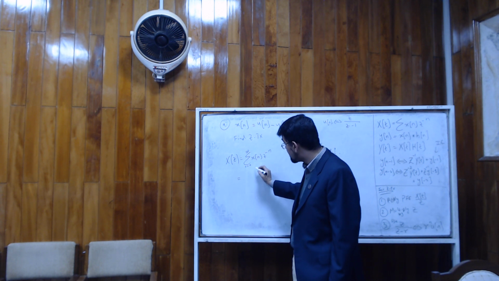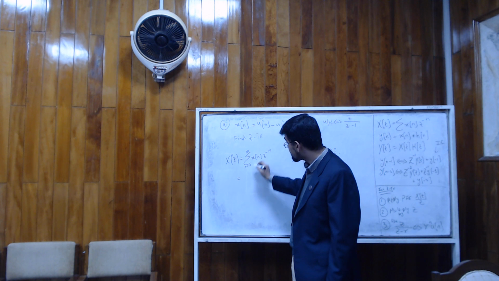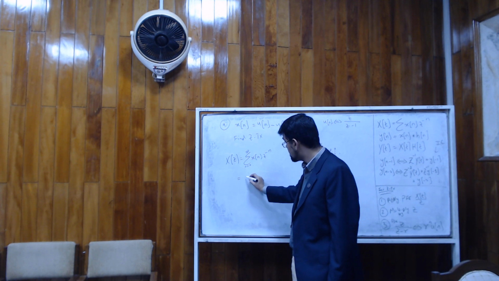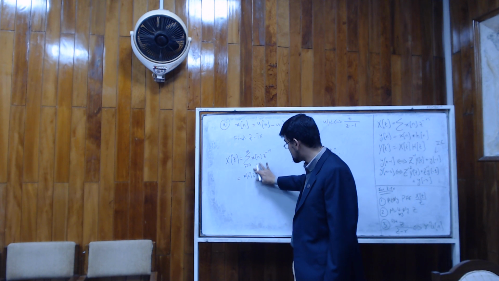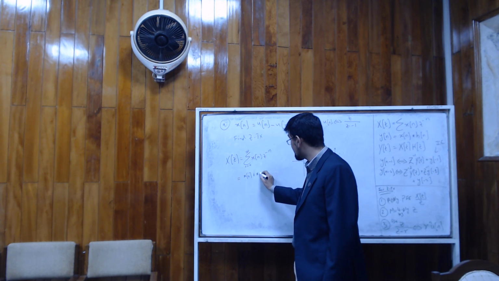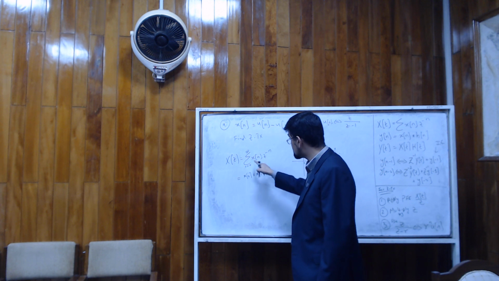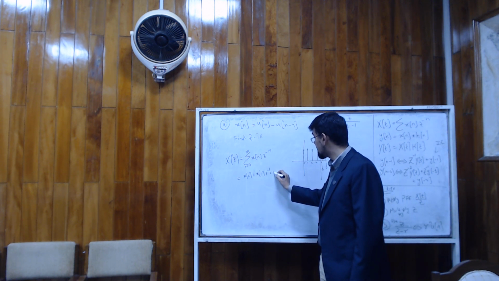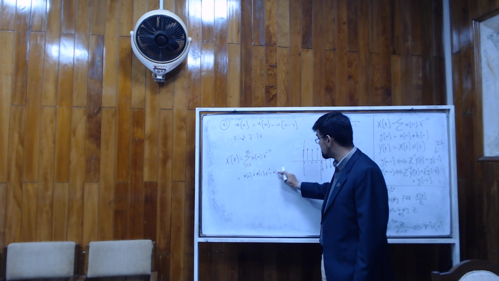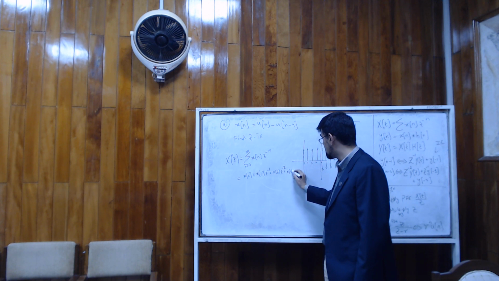So if I write it out, I open the terms: x[0] z to the 0, so that is gone, plus x[1] z to the minus 1, expanding this series, x[2] z to the minus 2, x[3] z to the minus 3.